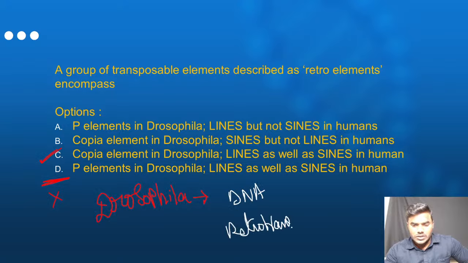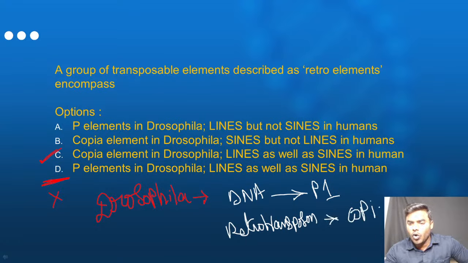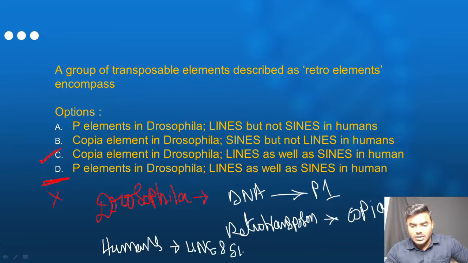The DNA transposon example is P1, whereas the example of the retrotransposon is the copia element. And friends, in humans, LINE and SINE are the types of transposons present, which are retrotransposons. Hence friends, the answer is not D, the answer is C.